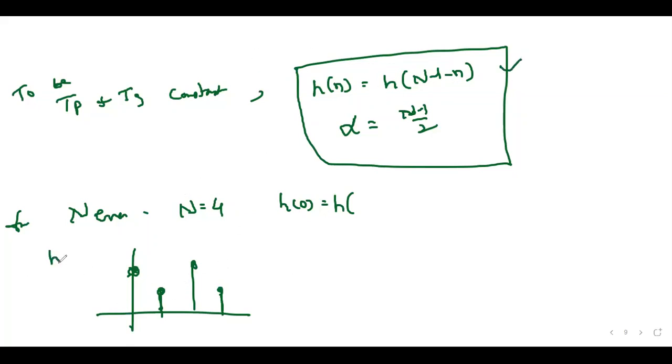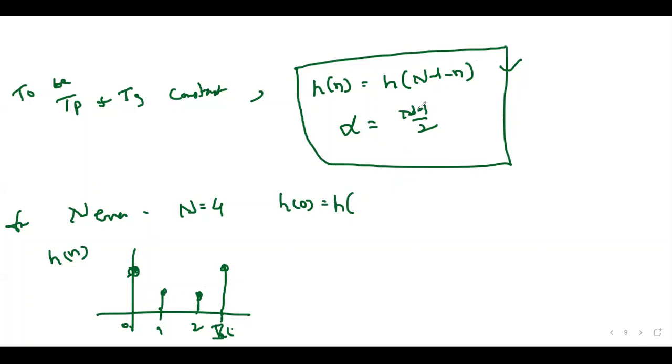If I use h of n like this, it is not useful. So I should make this h of n sequence such that h of n is equal to h of N minus 1 minus n. That means it is symmetric. Wherever h of 0, that will be equal to h of 3, and this point should be equal to this point. So this is the graphical representation of this condition, where alpha is equal to N minus 1 by 2.